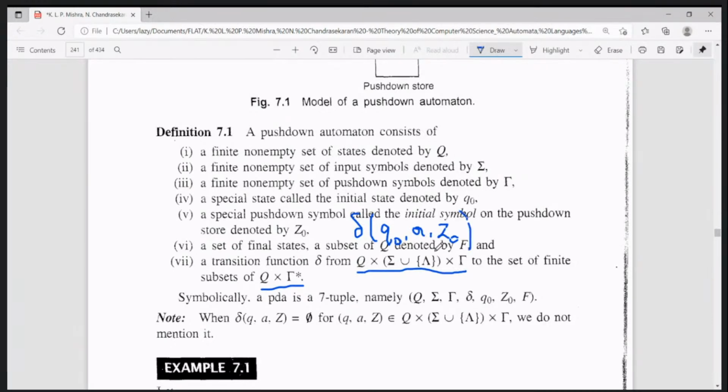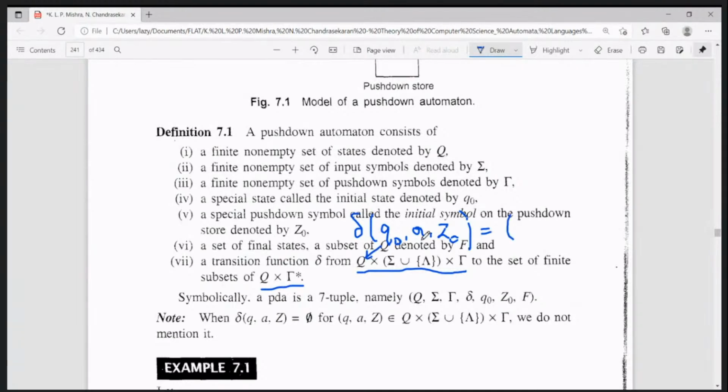Okay, so this was the setup which we were considering in order to start. Based on this particular configuration, we are making transitions. So this q naught is nothing but this q.